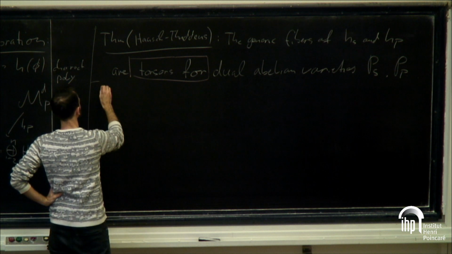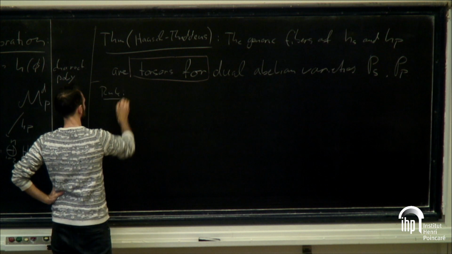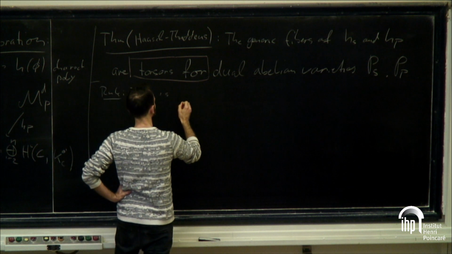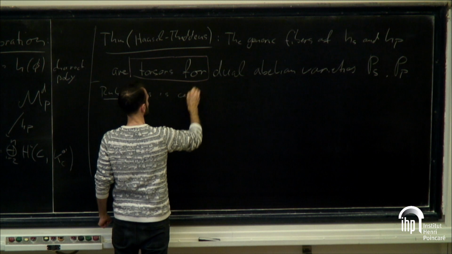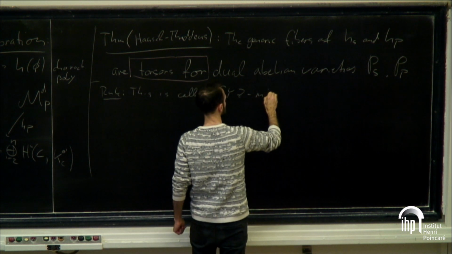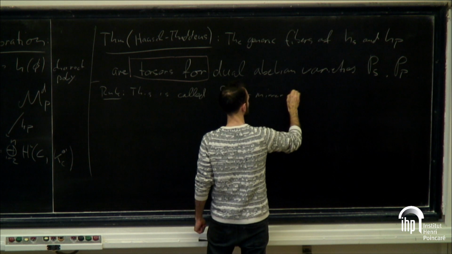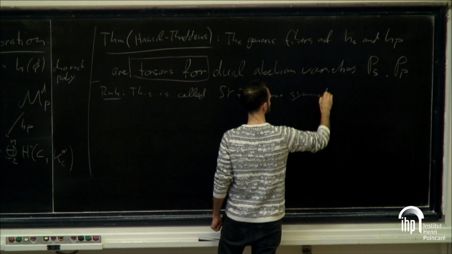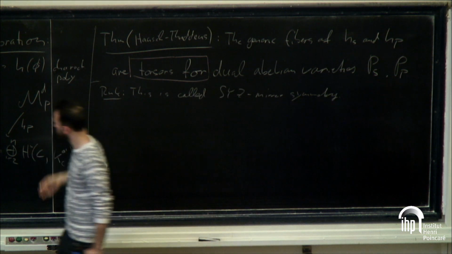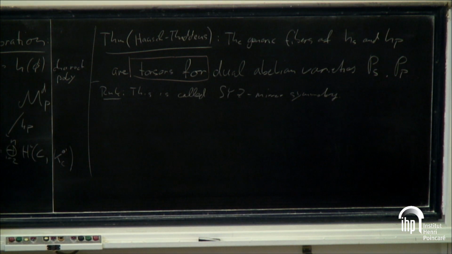So now we have this duality. This is some sort of mirror symmetry, called SYZ mirror symmetry, this kind of duality. So this is Strominger, Yau, and Zaslow, and they came up with the idea that you have two mirror partners.